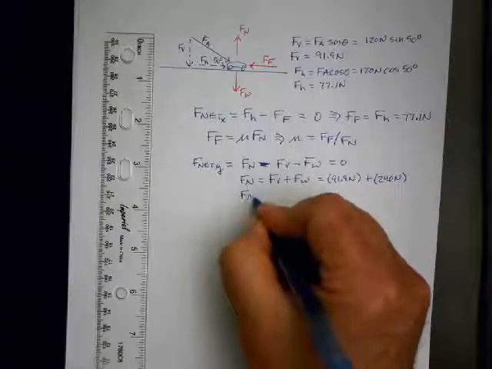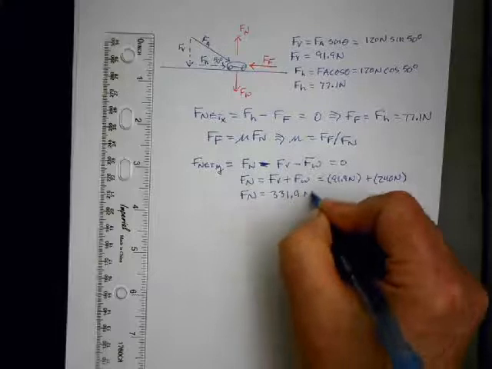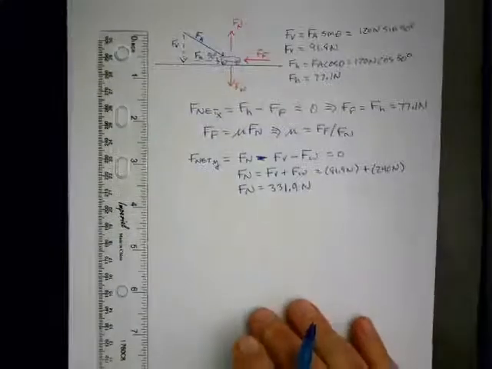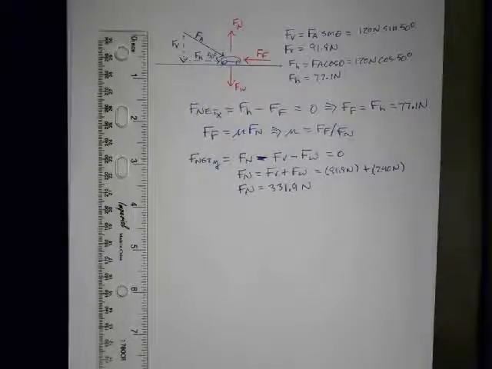So that's actually the Fnet. This is a big difference from something that we've done before. Fn is not just equal to Fw. We're also pushing down. And so the Fn has to equal both of those forces because, again, it's not sinking into the ground and it's not lifting up into the air.